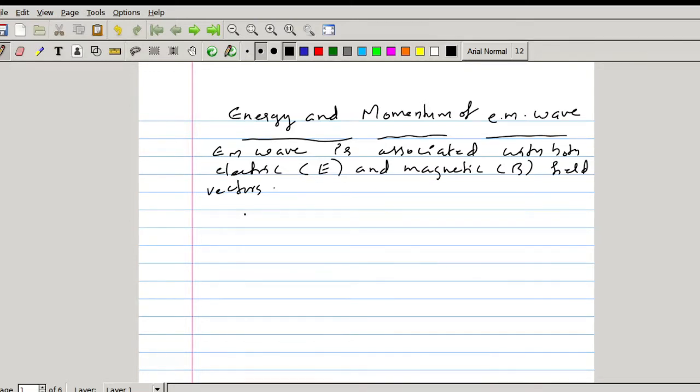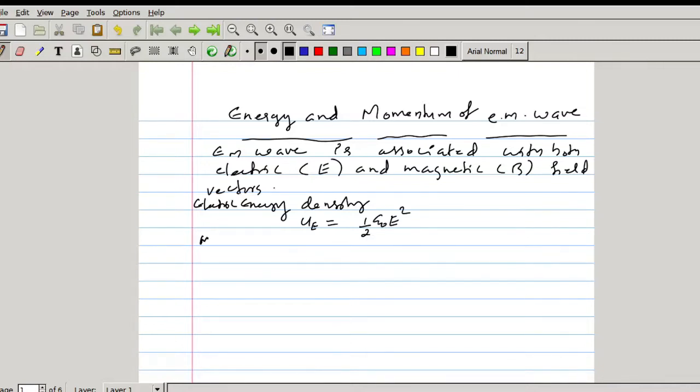The energy density carried by the electric field, or electric energy density, UE, is given by half epsilon 0 E square.